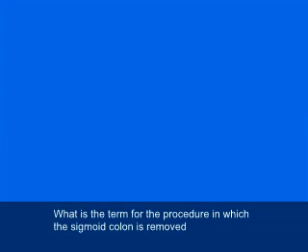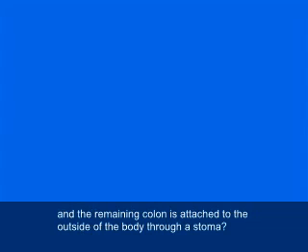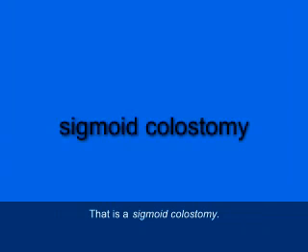What is the term for the procedure in which the sigmoid colon is removed and the remaining colon attached to the outside of the body through a stoma? That is a sigmoid colostomy.